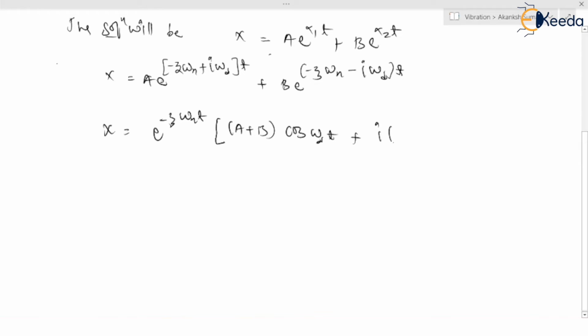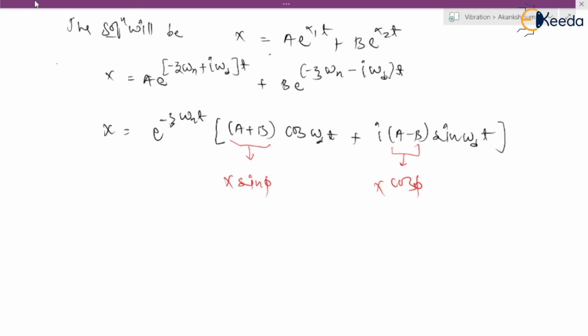plus iota a minus b sine of omega d t. This term I am representing as X cos phi, and this term I am representing as X sin phi.